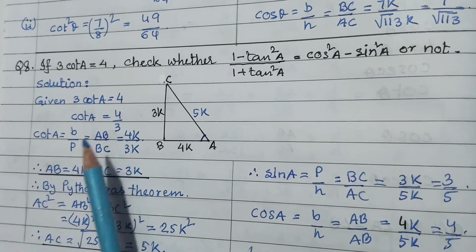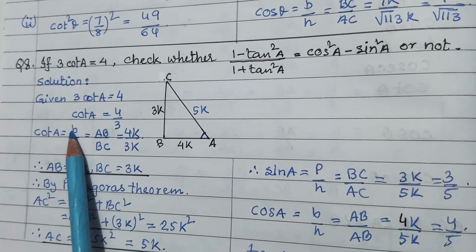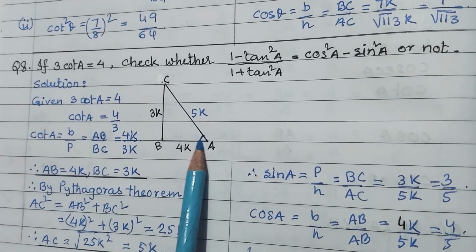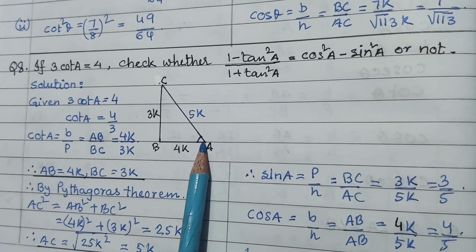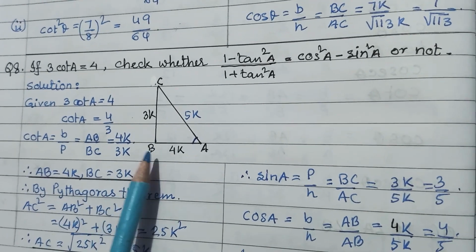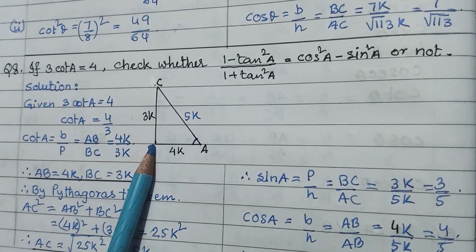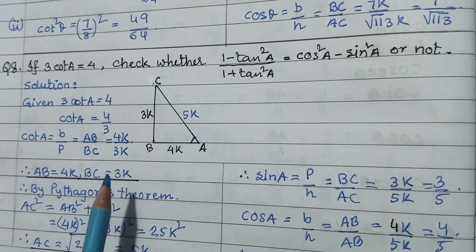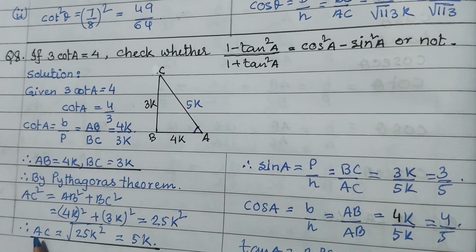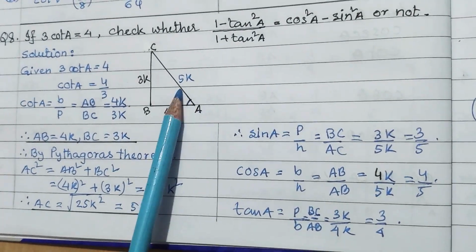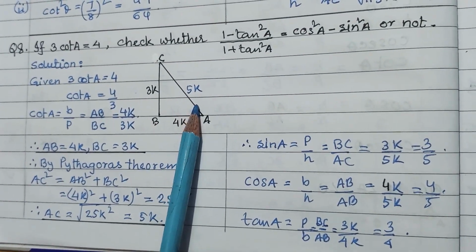Cot means base upon perpendicular. According to this, A is the angle, base is this one and perpendicular this. So AB is 4k and BC is 3k. By Pythagoras theorem, we have got AC is equal to 5k. That I have written here, AC equal 5k.